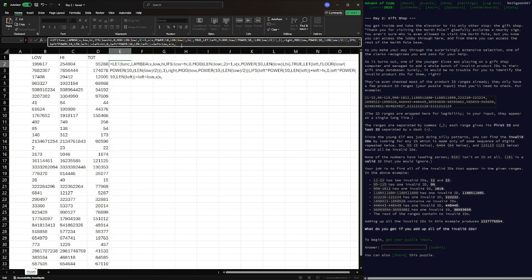You want to do left plus 1 times power length of left, and then high.